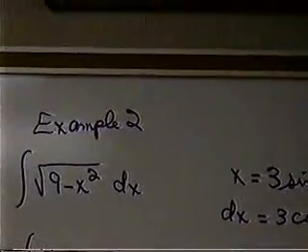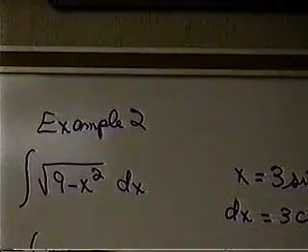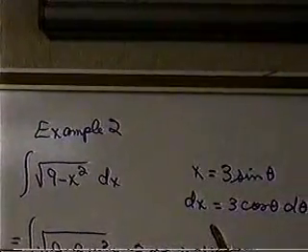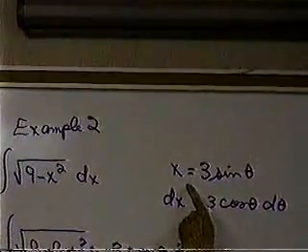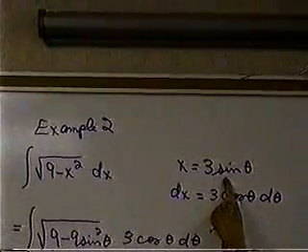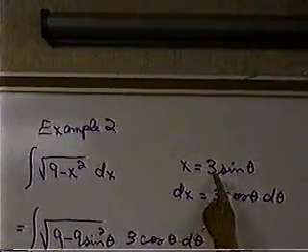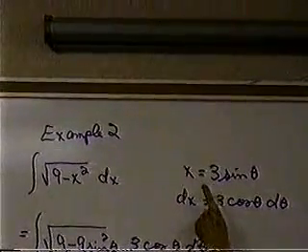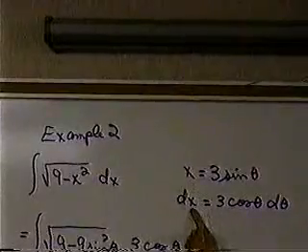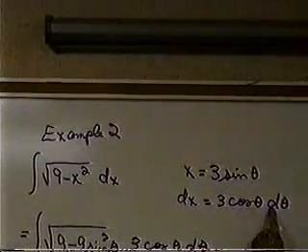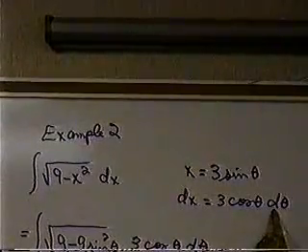Example 2 is where we have minus x squared. So, our rule is if it's minus, we use sine. And then the square root of the number is what we place here. So then we take the derivative, so derivative of x is dx, derivative of sine is cosine, and derivative of the angle is d theta.